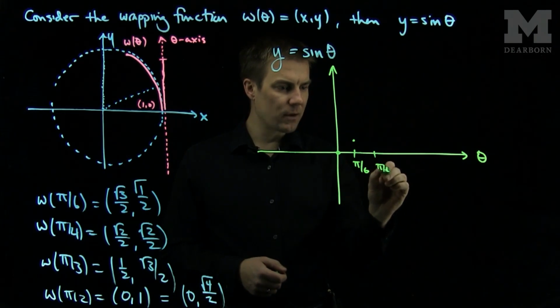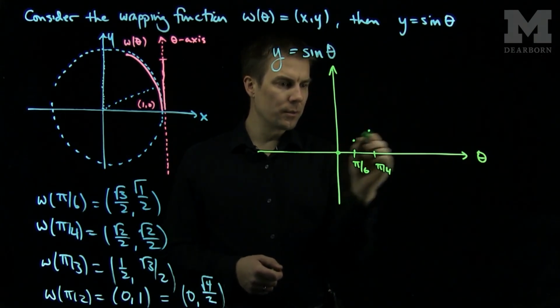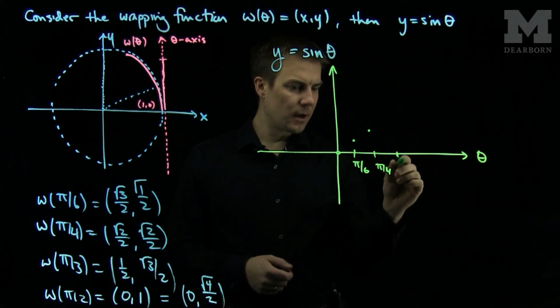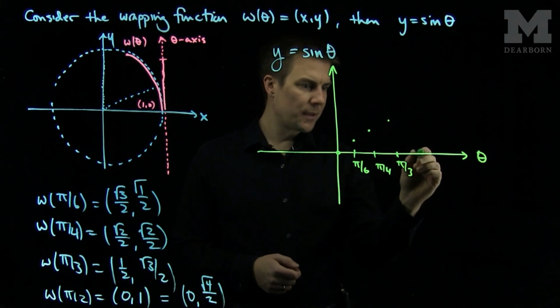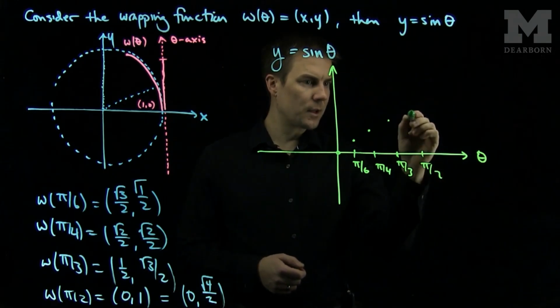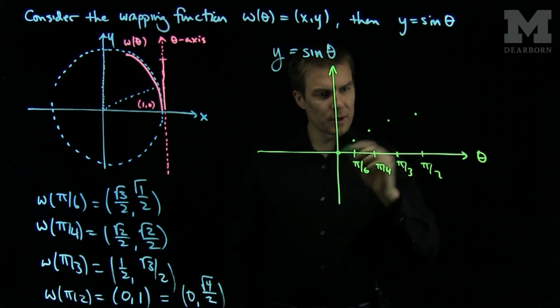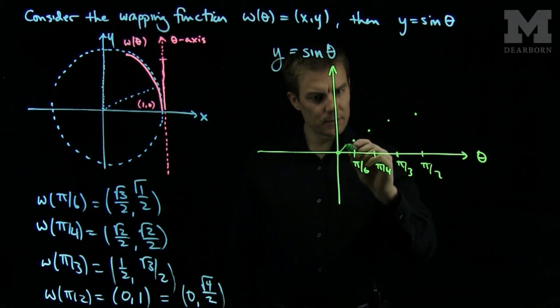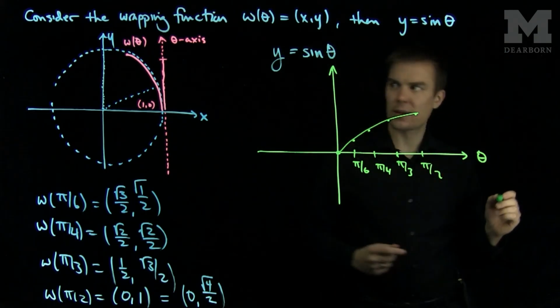The sine of pi over 4 is equal to root 2 over 2. The sine of pi over 3 is root 3 over 2. And the sine of pi over 2 is equal to 1. And so if we plot all these points and they're progressively increasing, we see the sine bends up like this.